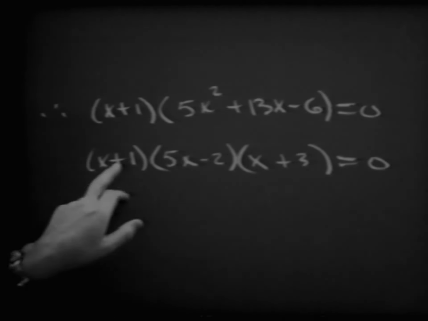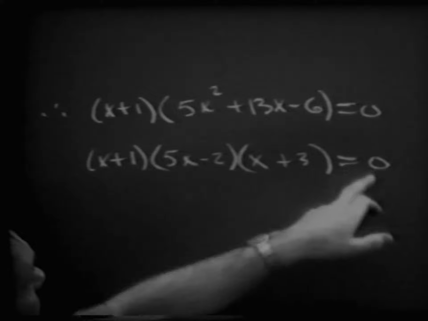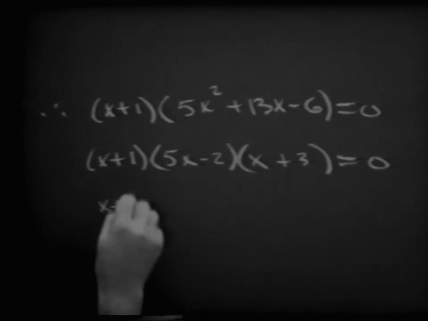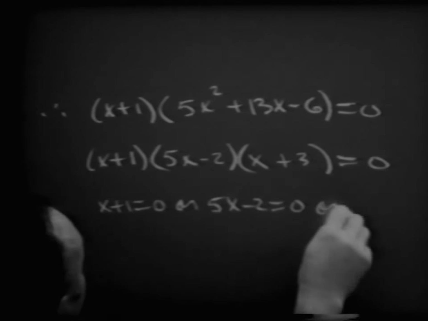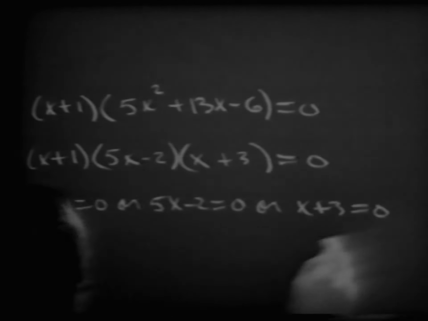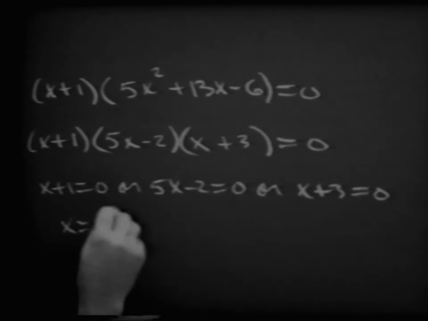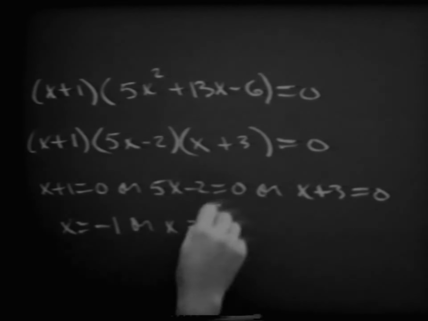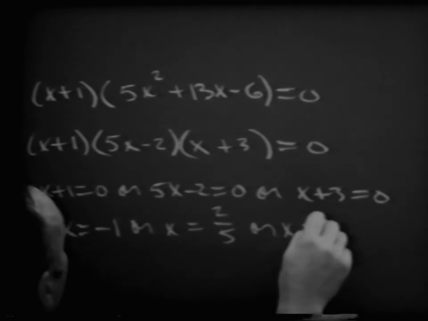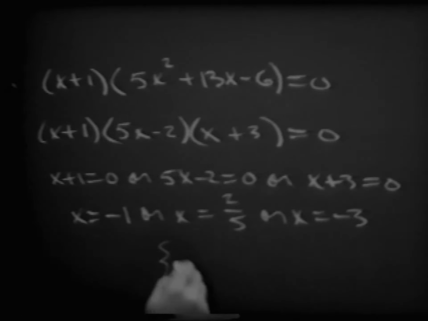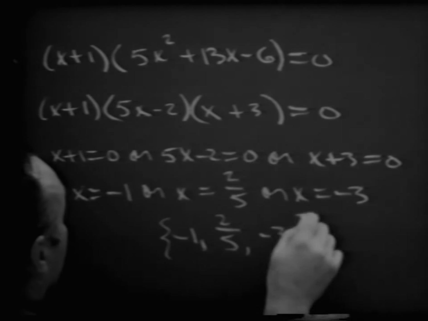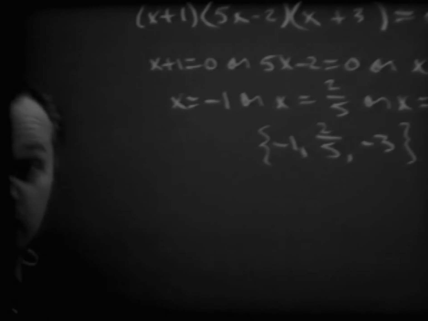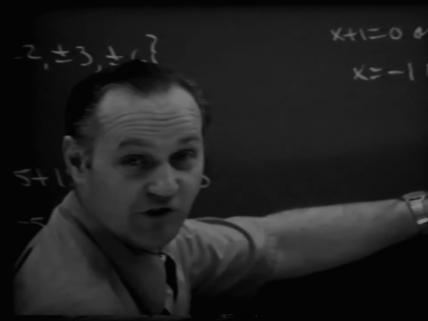Therefore, using our theorem, a times b times c is equal to 0. Therefore, a is 0 or b is 0 or c is 0. Therefore, here we have x is negative 1 or x is 2/5 or x is negative 3. If indeed you were to substitute each number into the original equation, I think you would find out that all three numbers will make the sentence true, so that's our solution set.